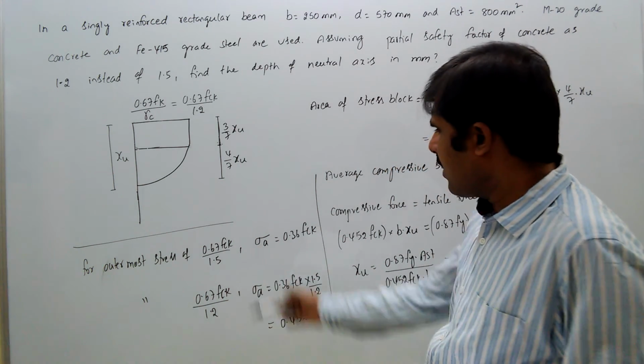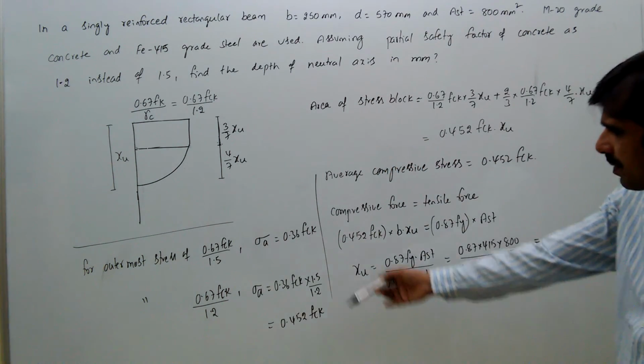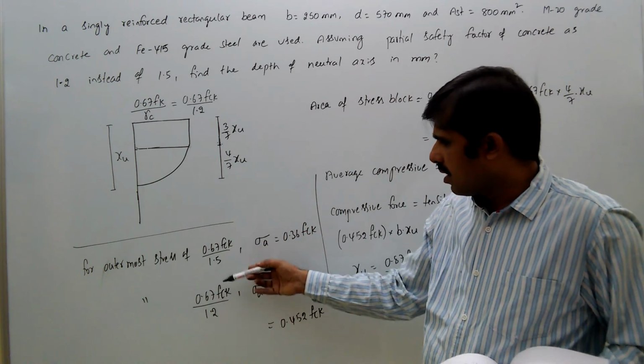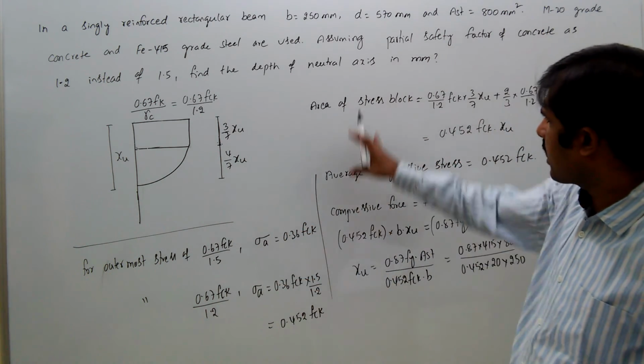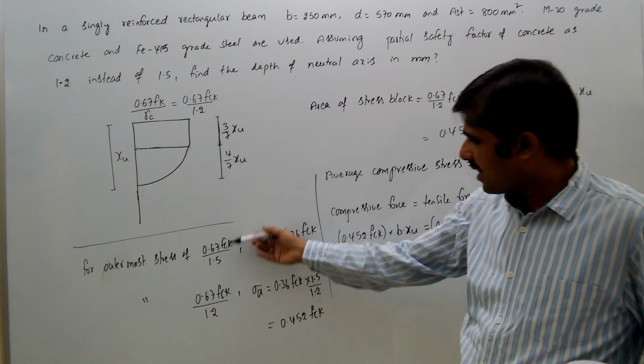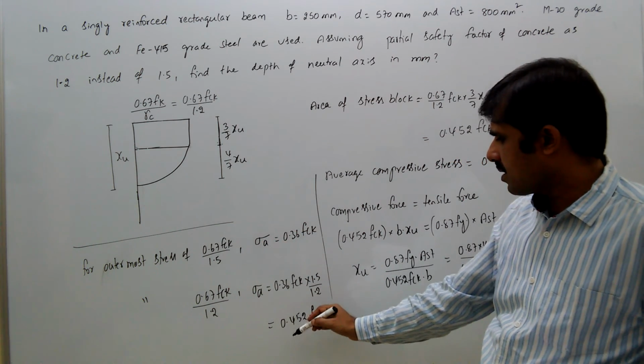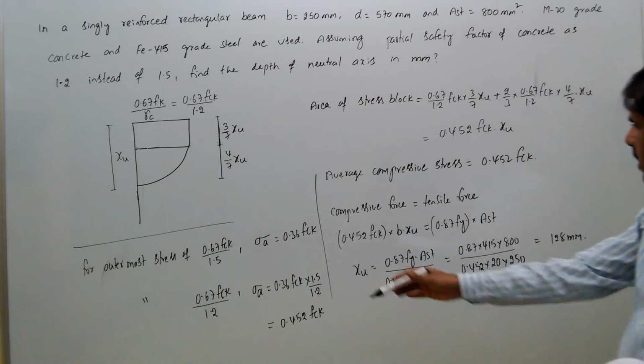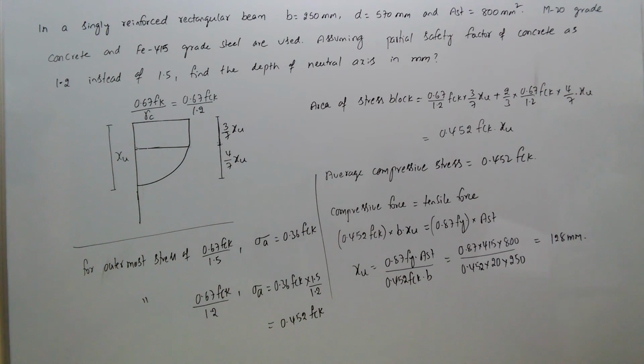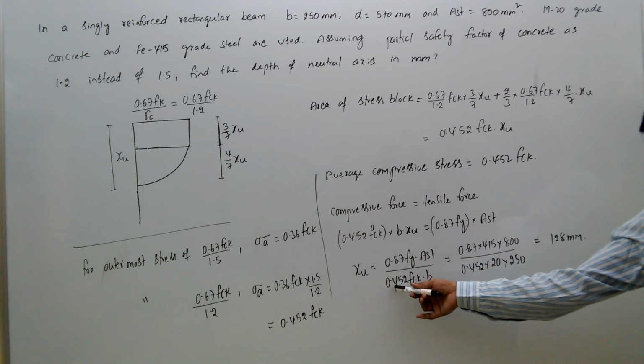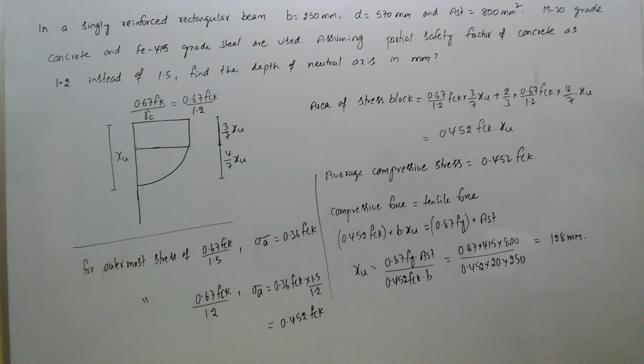So like this, the average stress can be found directly by simple analysis, instead of finding the area of stress block and all. So after getting the 0.452 FCK in our formula, substitute 0.452 instead of 0.36 and get the XU value as 128 mm.